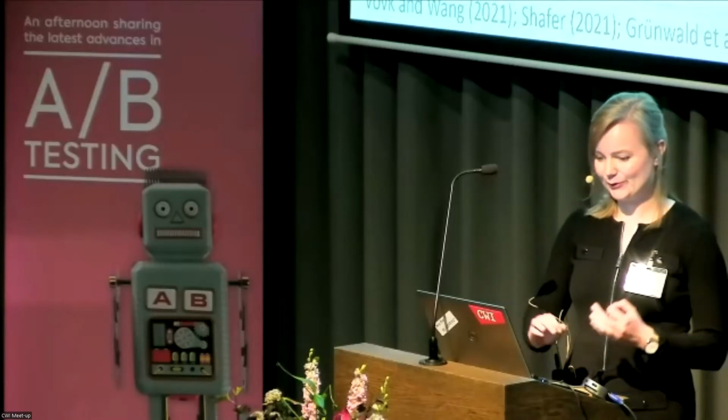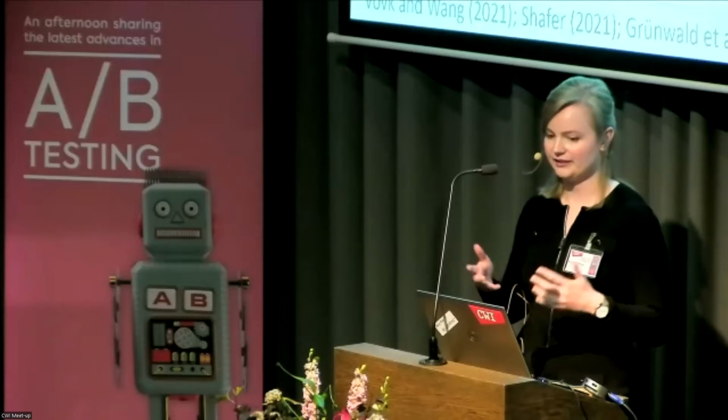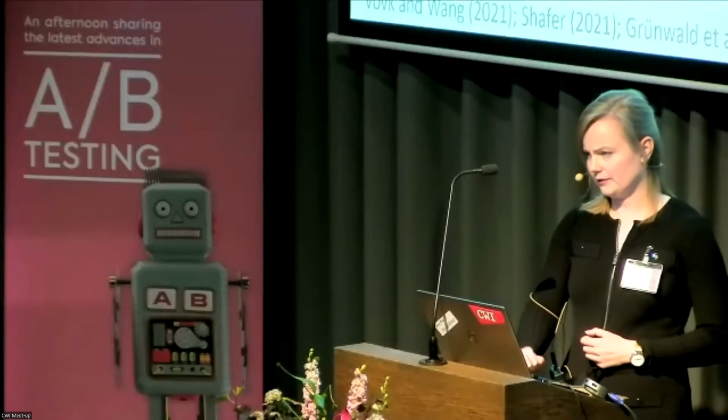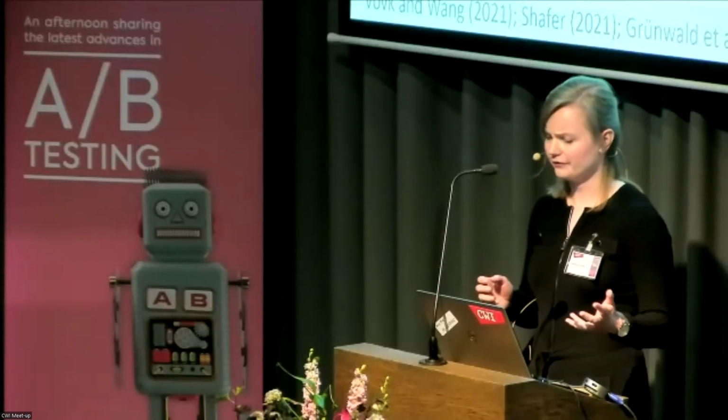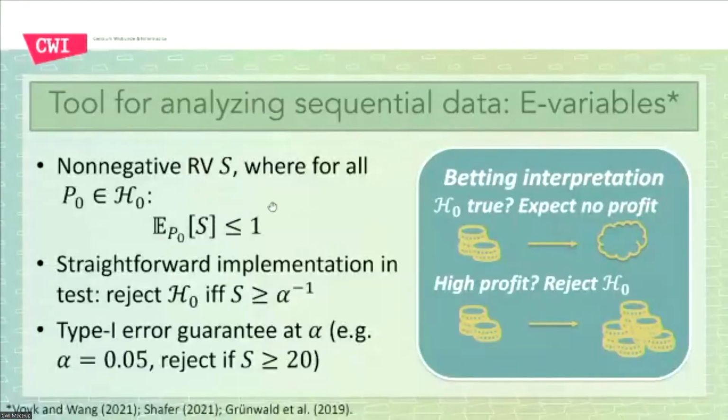So E-variables are non-negative random variables, so functions of the data, where under the null hypothesis, so when the strategies are not different in effect, we expect them to have a value of at most 1. So this is very simple, and it also has a very nice interpretation in terms of betting, which was mainly introduced by Glenn Shafer, who wrote a really nice paper about this.